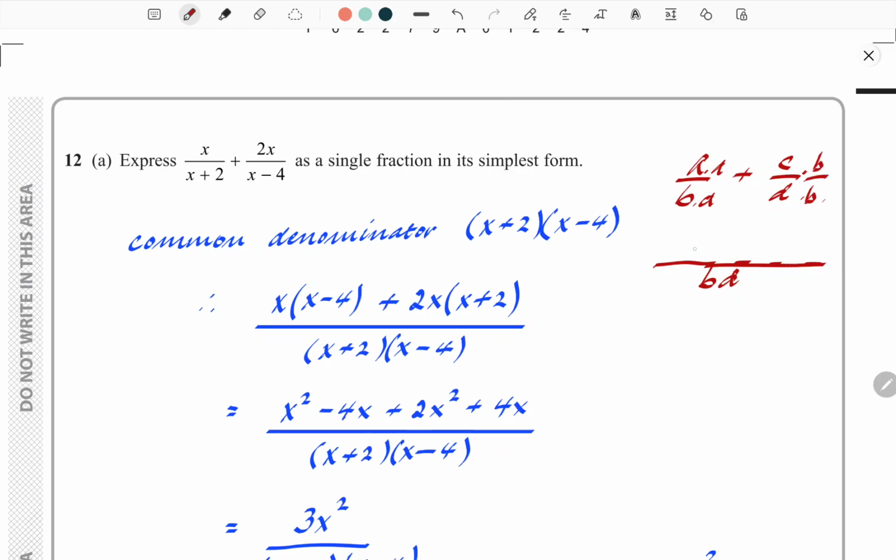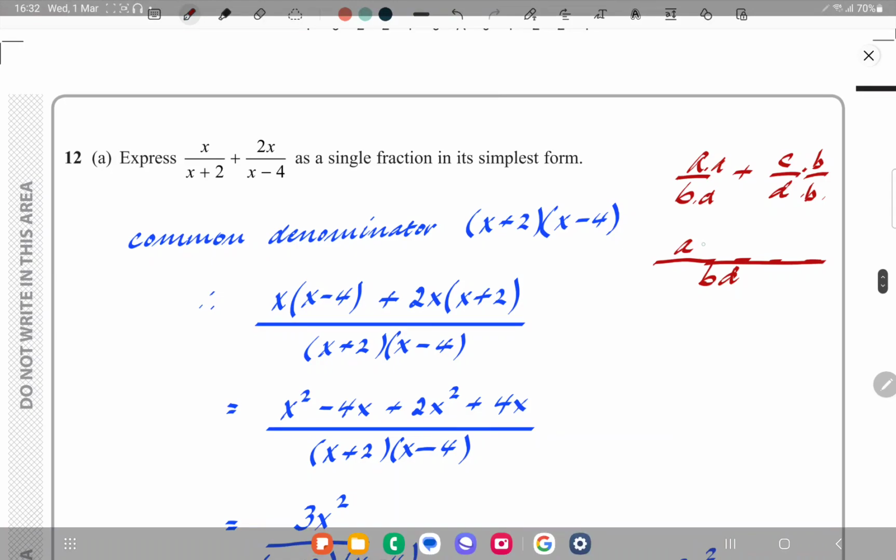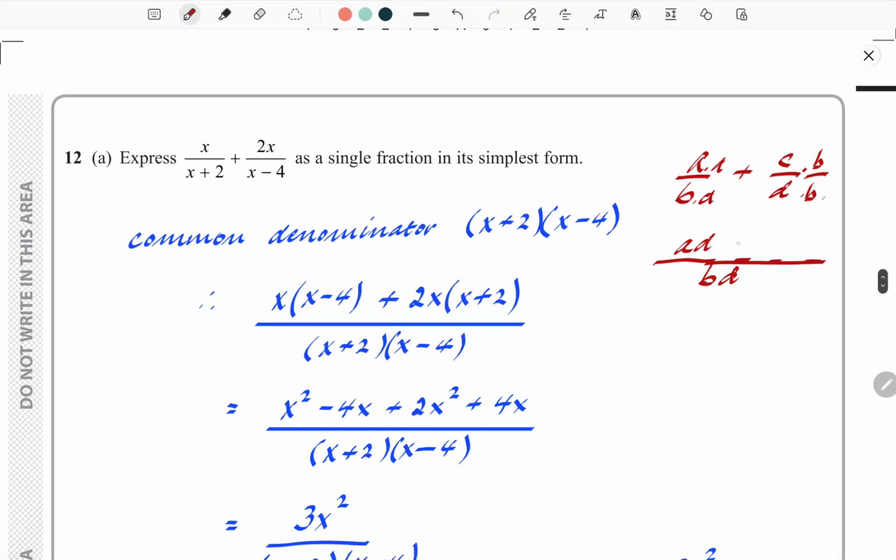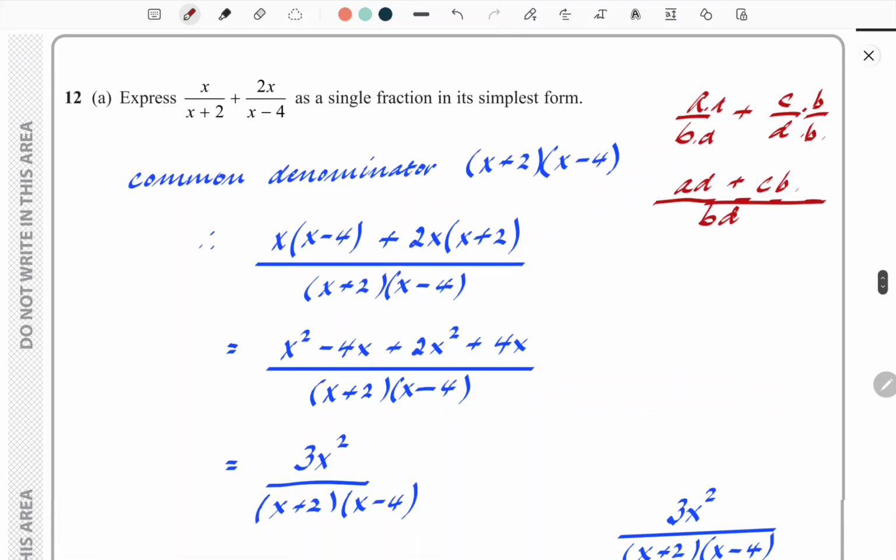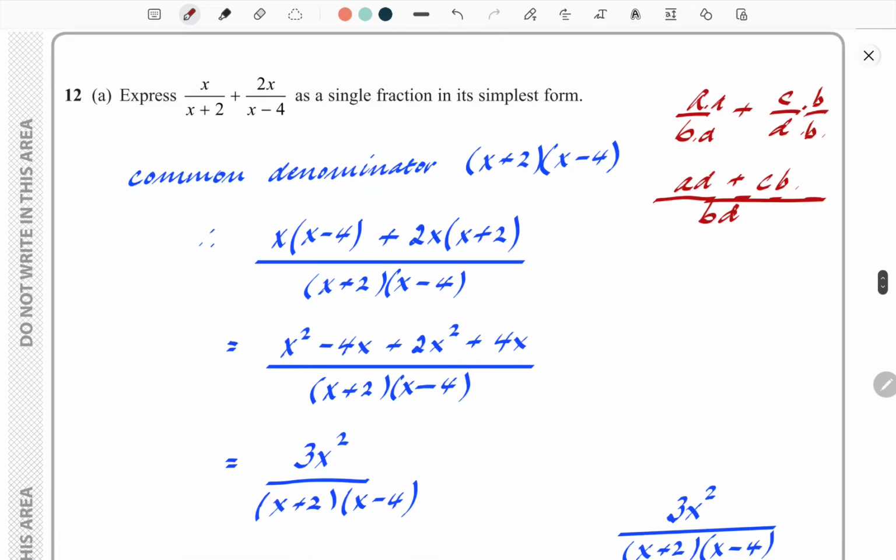All right, so that becomes AD, plus CB, etc. Sorry, my pen's playing up a little. So using that method of fractions, what we effectively have is that we're going to multiply the first one, top and bottom, by the other denominator.